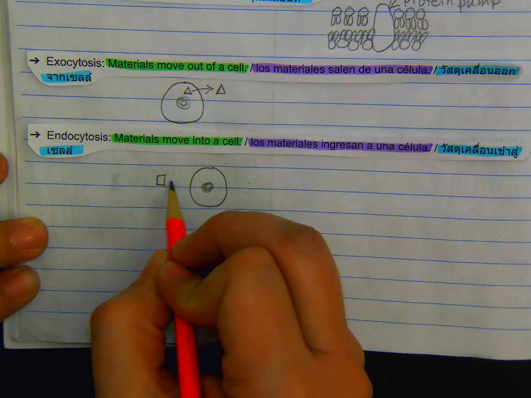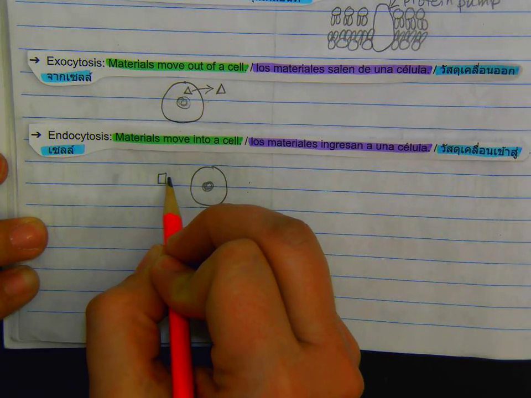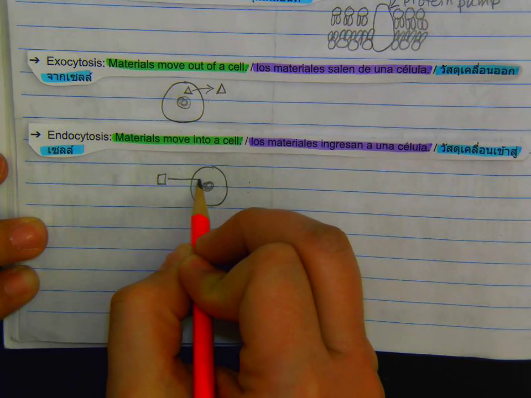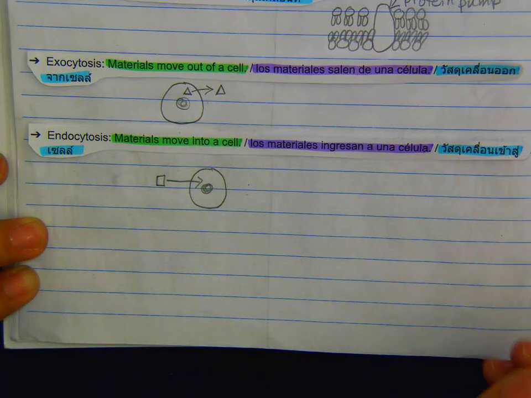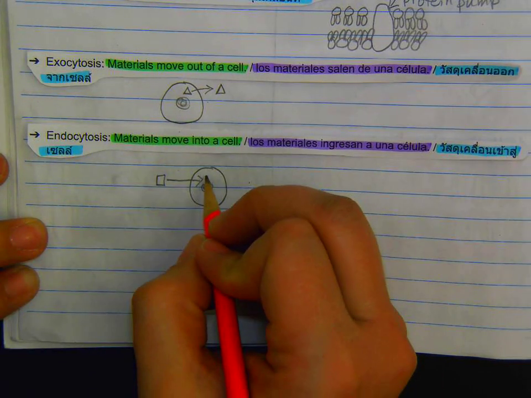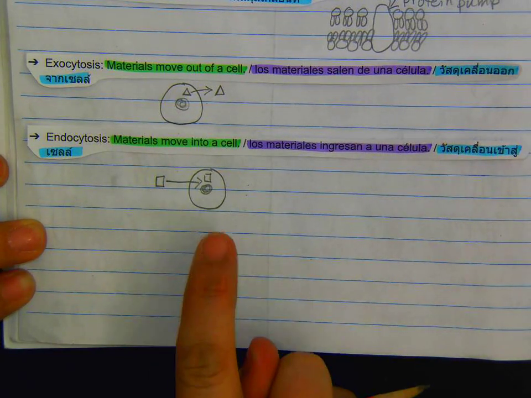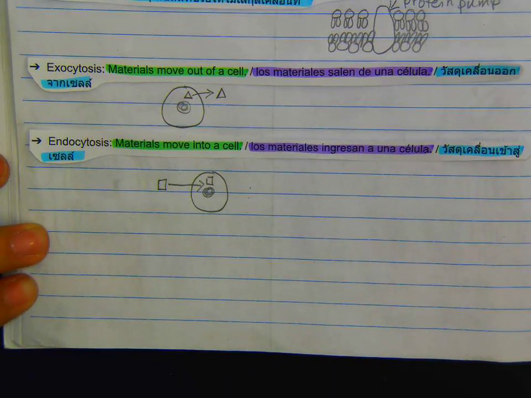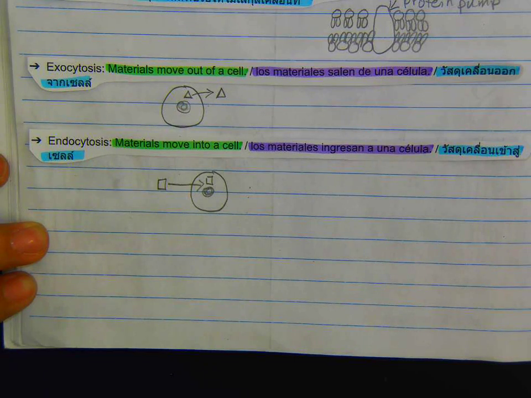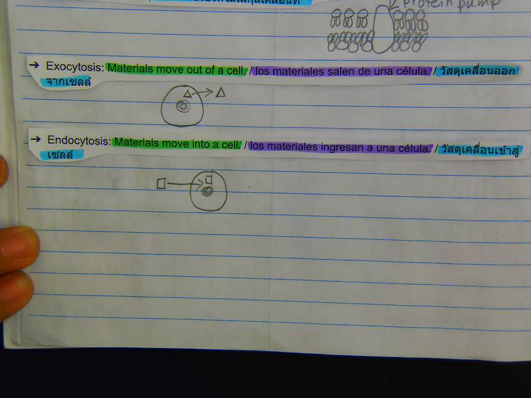So the cell is going to use active transport to suck this material in through the membrane, and endocytosis occurs and our cell moves in. So those are our different types of active transport.